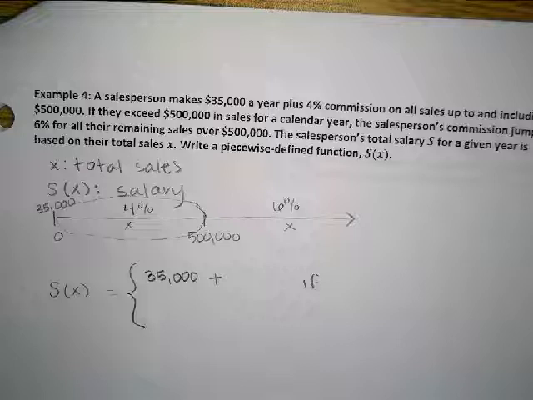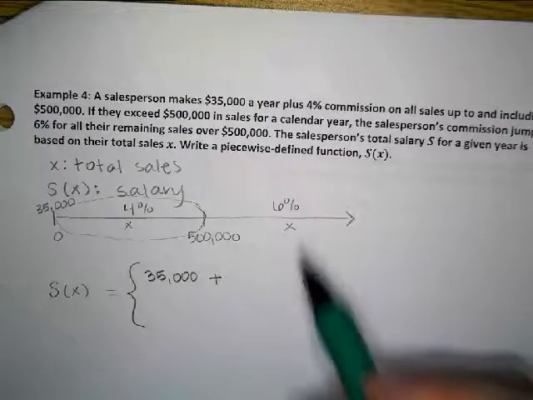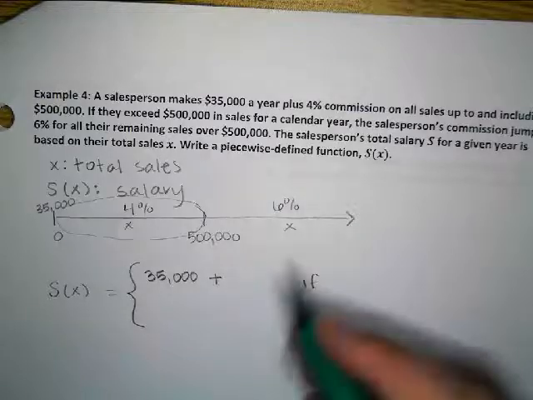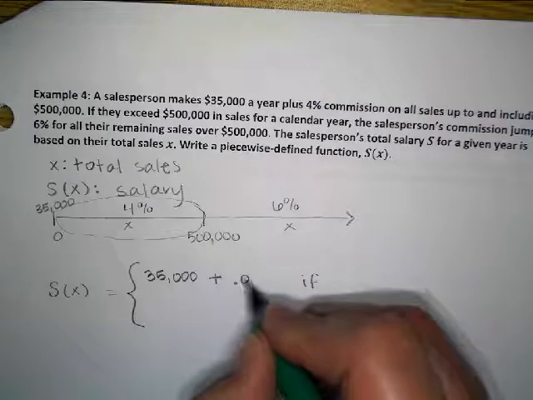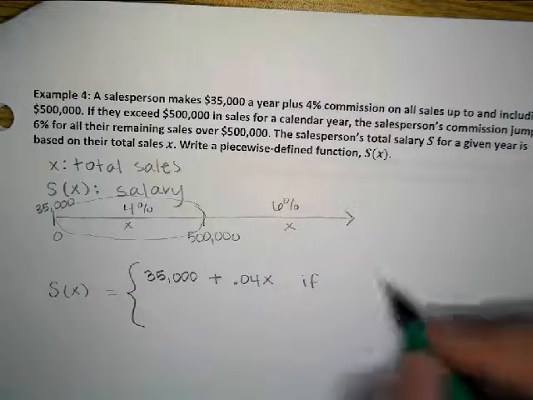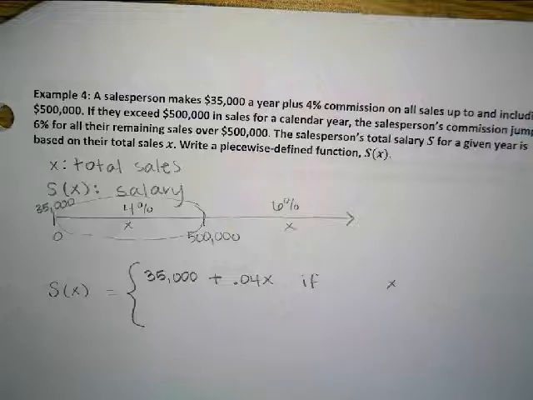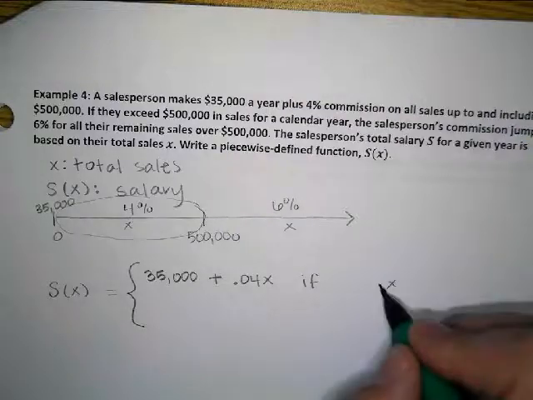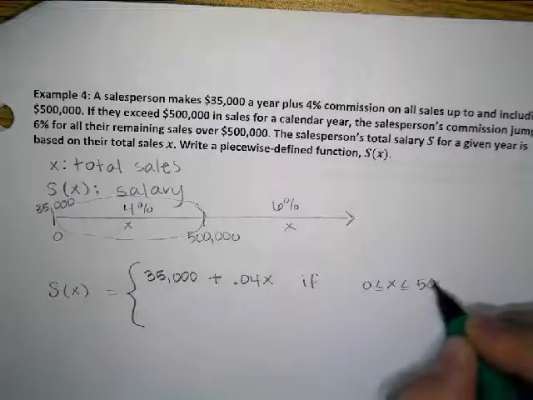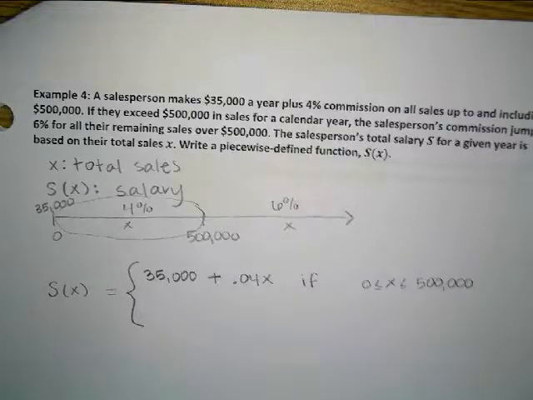Anyone want to say what they put here? 0.04x, okay. 4% of what you sell. Perfect. See if you can write the next line. Don't forget the 35,000.